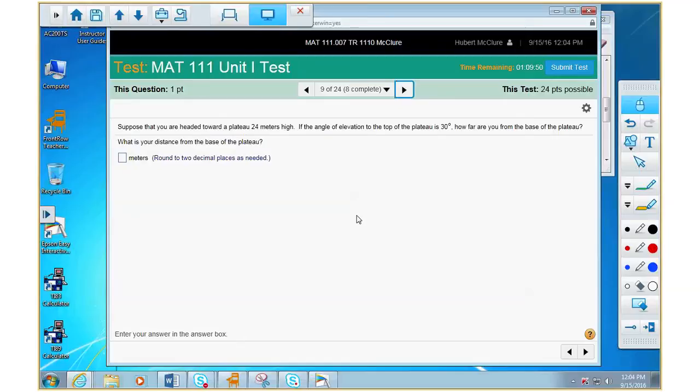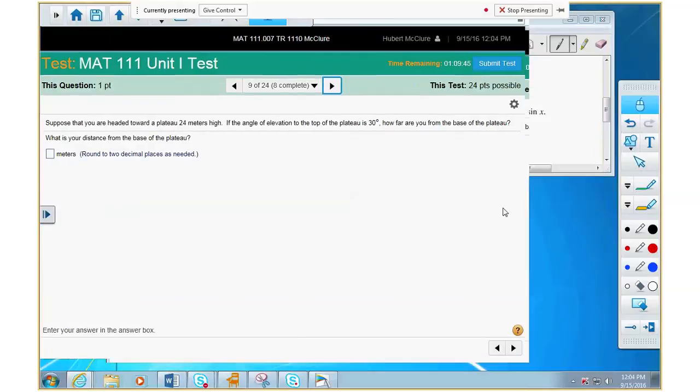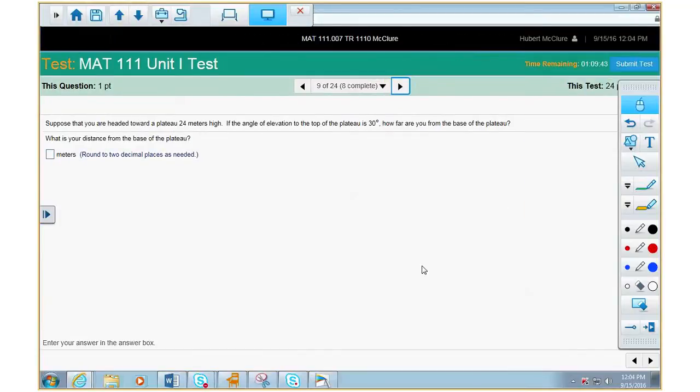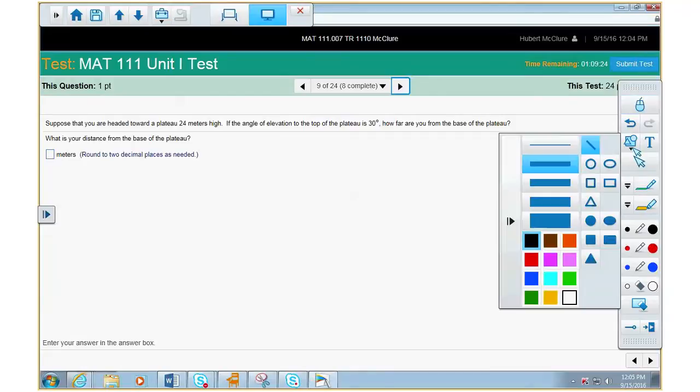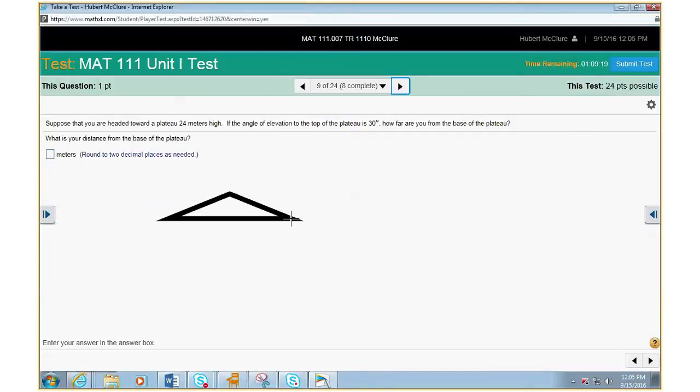Write it down. Suppose that you are headed toward a plateau 24 meters high. If the angle of elevation at the top of the plateau is 30 degrees, how far are you from the baseline of the plateau? So you're going to draw a picture. And that picture is going to look like a right triangle, but I don't know if I can do that on this thing.